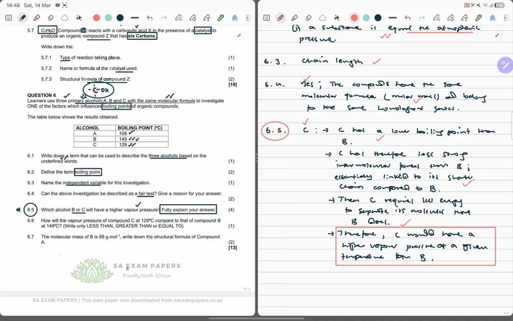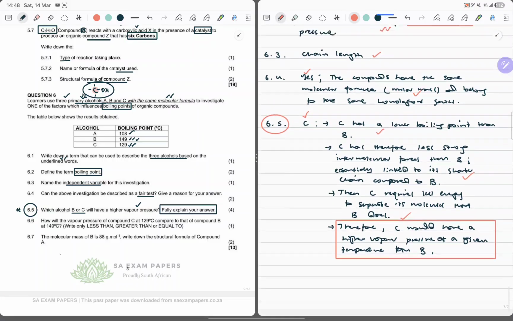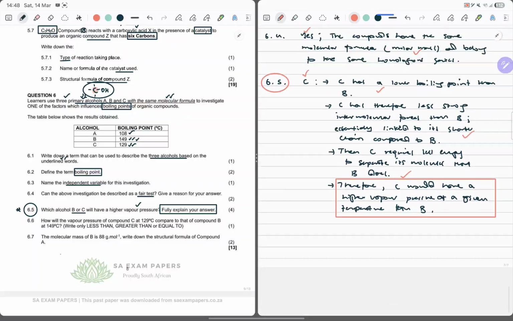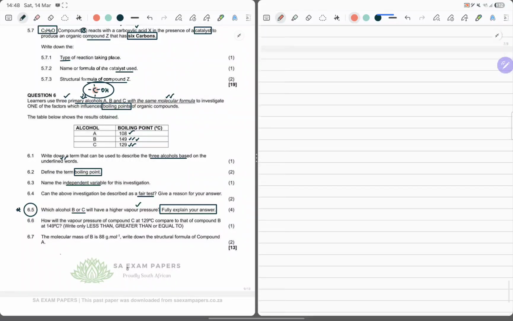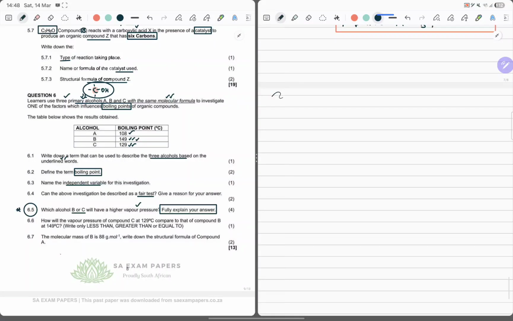Okay, all right. Now, folks, we've answered that question, I believe, in our best of ability. And let's just move on without wasting too much time. 6.6 says, how will the vapor pressure of C at 29 degrees Celsius compare to that of B at this 149.